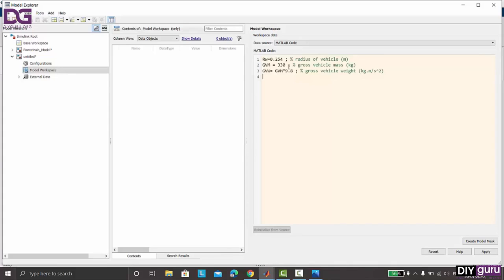Then coefficient of rolling friction is CFR, that is 0.015.